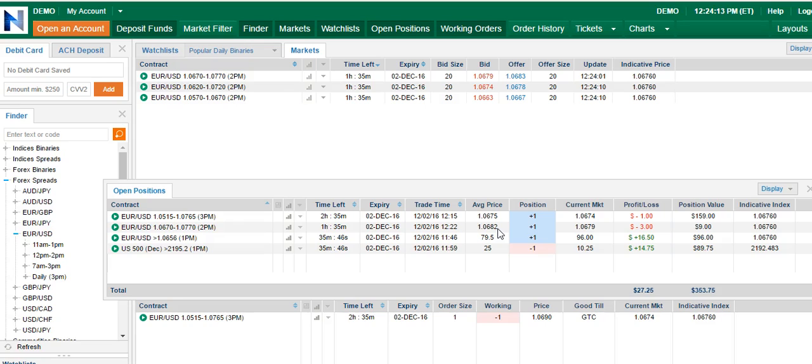So if this thing crashes, like I said in the example, where you think it's going to bounce off the support, but if it doesn't bounce off support, it's going to go down 50 pips, this is your way to limit your risk on that side, and then have a larger gain on the upside if that works. So that's some of the reasons that some people like to do spreads in that sense.